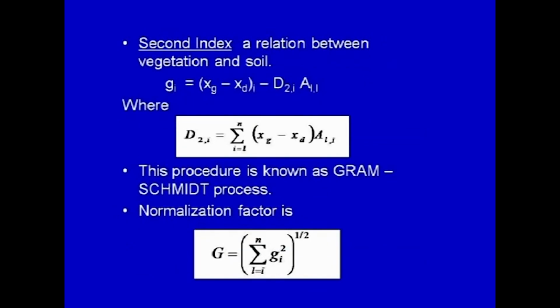The next index to be developed is a relationship between the vegetation and the soil. So, first of all, let us find out what the greenness vector is.